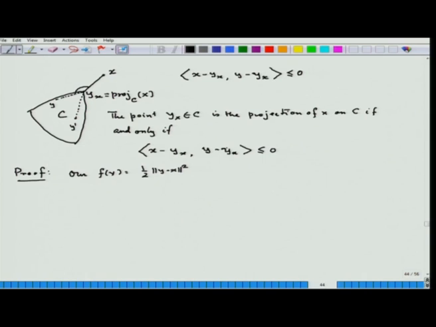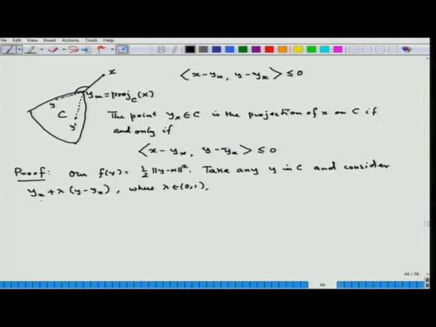Now, take any y in C and consider y x plus lambda times y minus y x, where lambda is a number between 0 and 1.